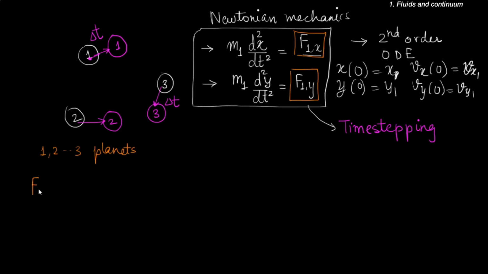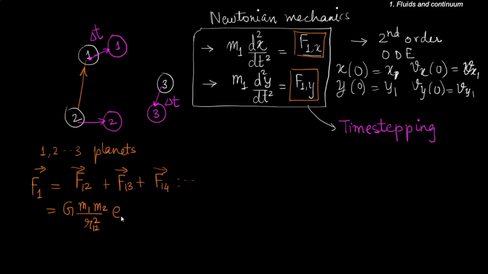So the force acting on 1 will be the force acting on 1 because of 2 plus the force because of 3 plus the force because of 4 and so on. So we must account for all the planets. So this will be G m1 m2 upon r12 square in the 1 2 direction. Let me call this e12.